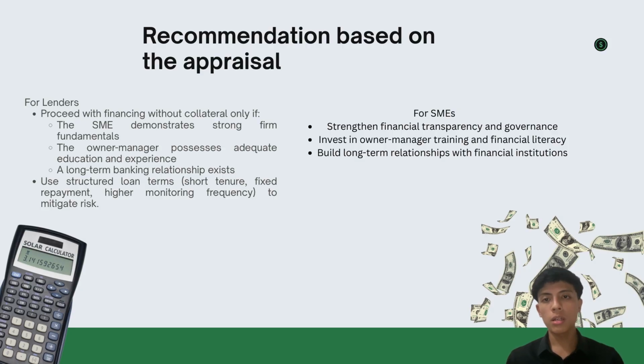For SMEs, the recommendations are to improve financial transparency and governance, invest in owner-manager training and financial literacy, and build long-term relationships with financial institutions. Overall, these steps help reduce risk and improve access to financing.